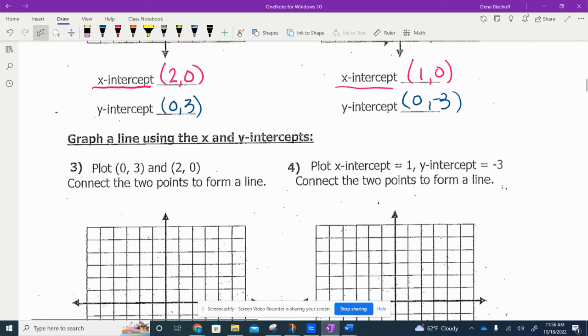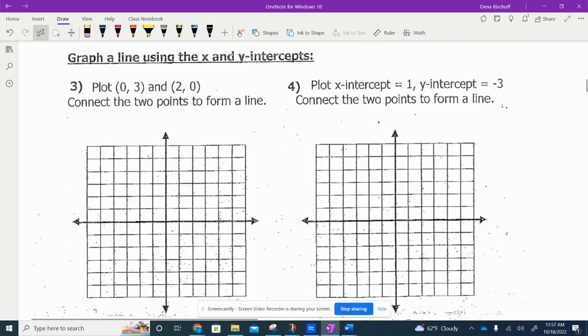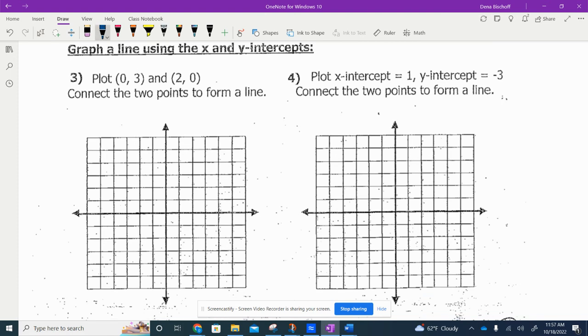So now we're going to plot these points on the graph. So I have the point 0, 3, which is my y-intercept, and the point 2, 0, which is my x-intercept, and I just connect them to form a line. So this is different. We're not using y equals mx plus b to graph a line.